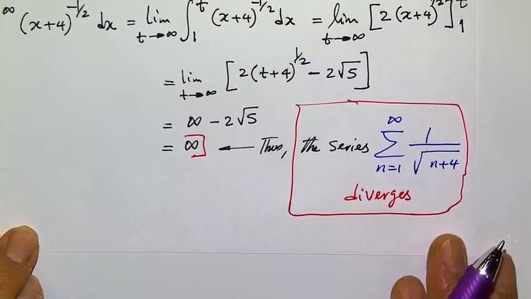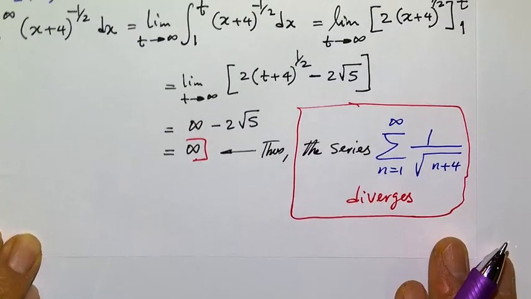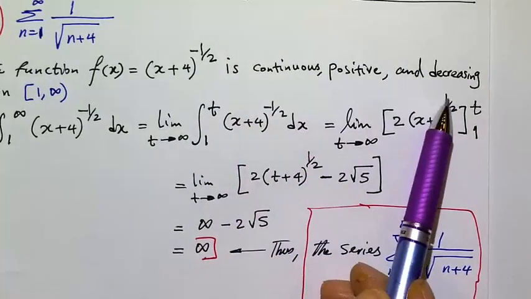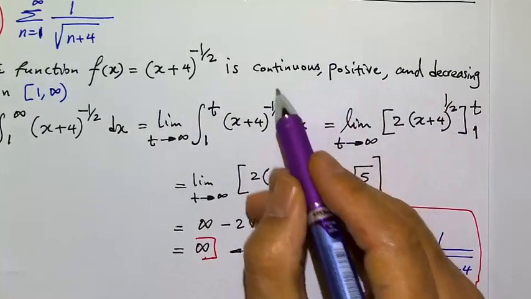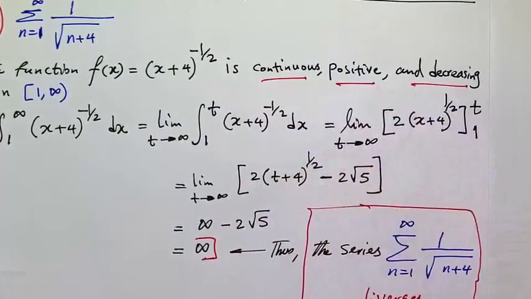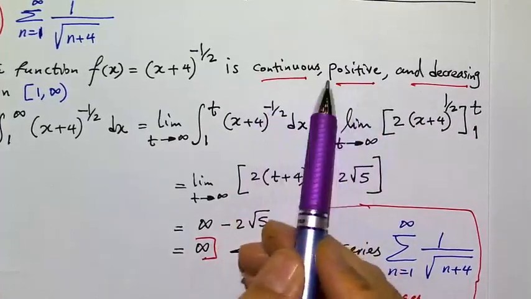I hope this is making sense. We just have to be careful about these 3 conditions before applying the integral test, making sure that the function is compliant with these.